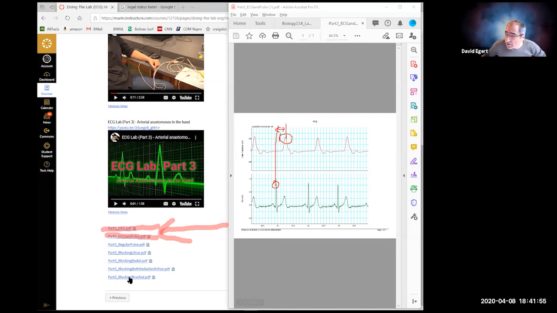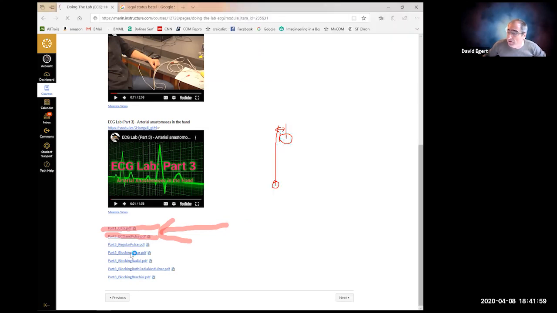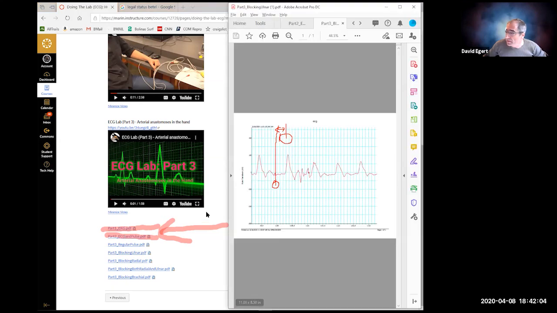Then these other ones are just showing what happens when she's blocking different parts. You can see the normal pulse and then it's attenuated. So on these, you probably also want to annotate them and show normal pulse and then show that the pulse is smaller, but it's still there.